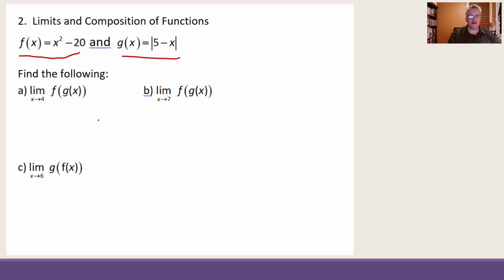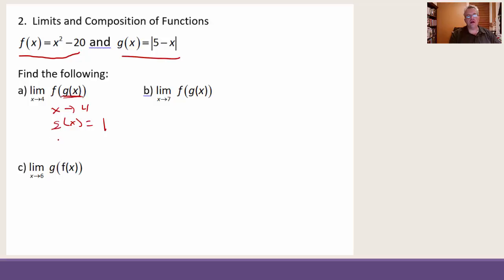Well, just like we're evaluating it, we work from the inside out. So we know x is approaching 4. We know g of x, if we plug it into the function, is approaching 5 minus 4, which is 1. Okay, so this whole argument inside here is approaching 1. We got to stick 1 into f.